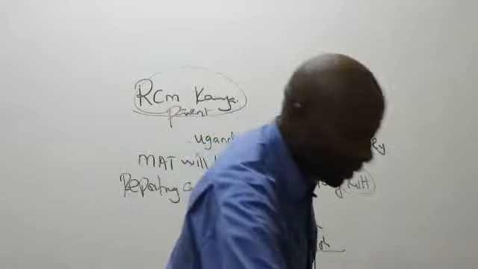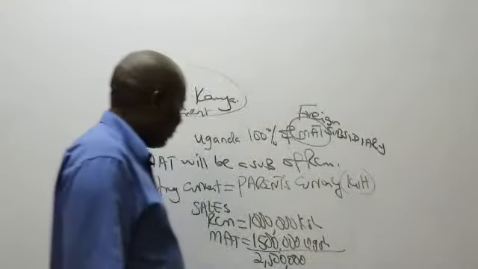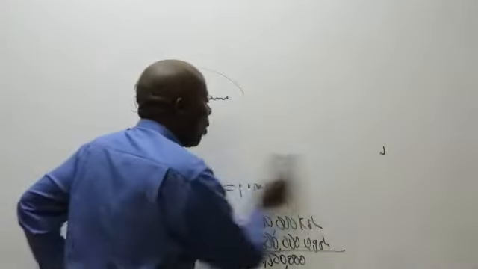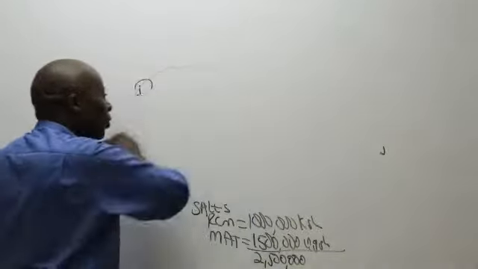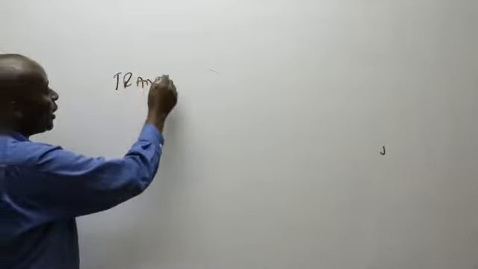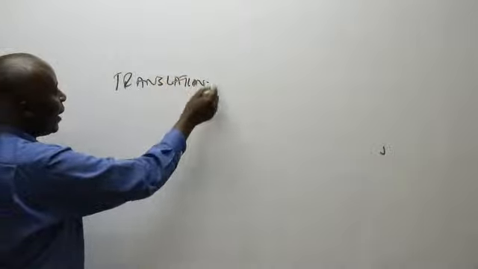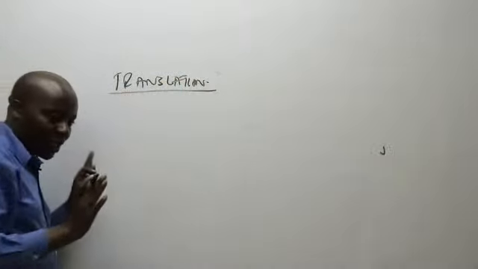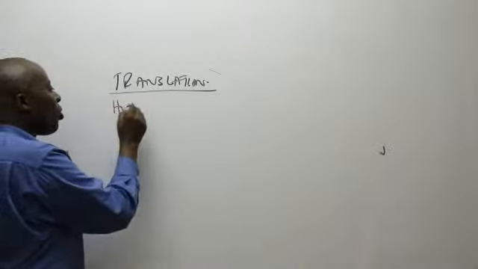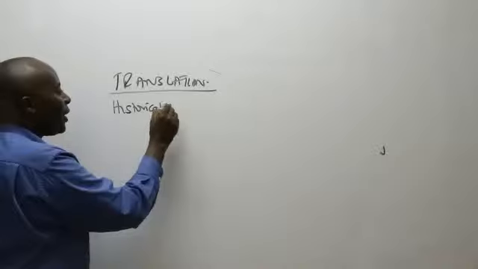Ladies and gentlemen, listen to me very well. In your exam, always, for purposes of translation, you will be given three rates. In most cases, you will be given what we call the historical rate.